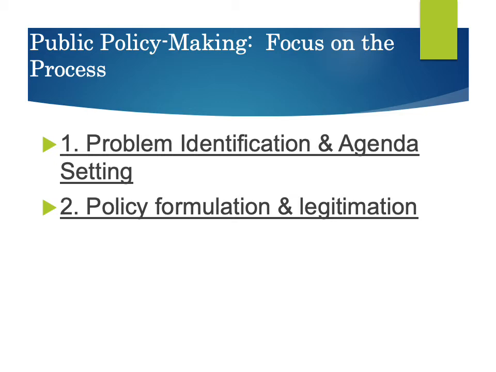The second step is policy formation and legitimation. Policy formation is the development of the law, or the formation of the public policy that you hope will be enacted. And that can take place by different groups.